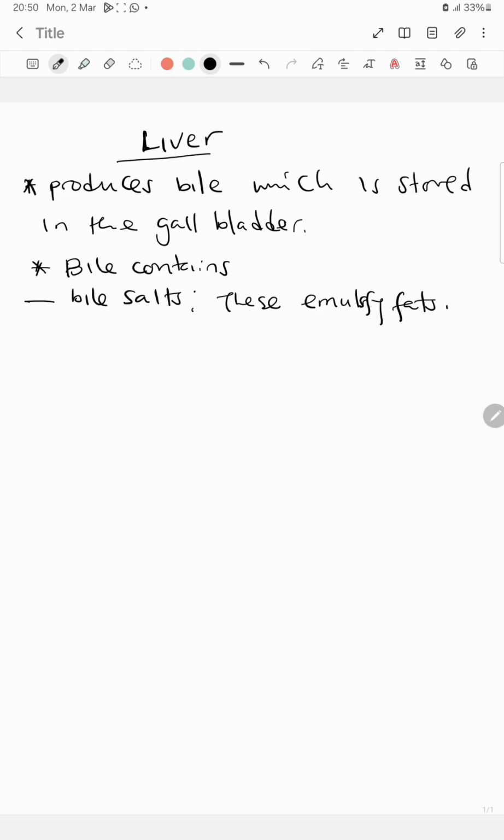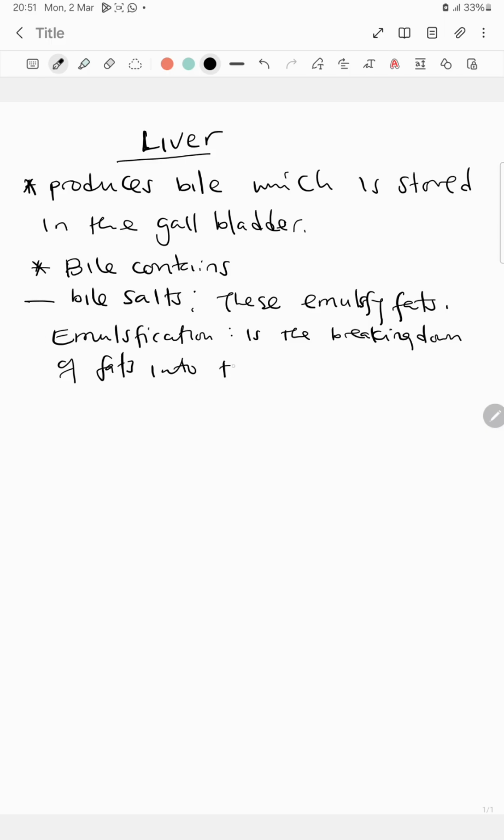So emulsify comes from the word emulsification. So we say that emulsification is the breaking down of fats into tiny fat droplets.